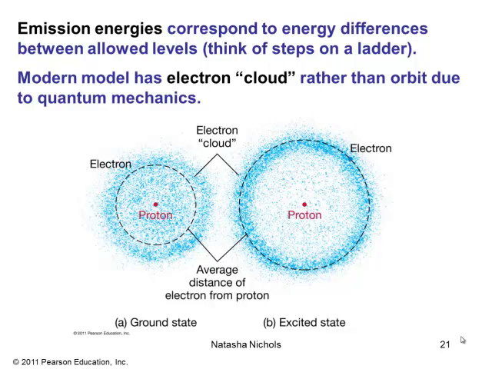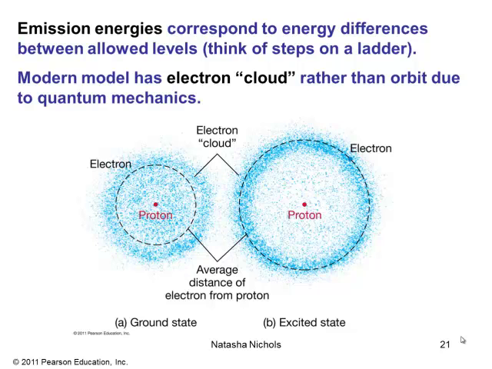So think of them like steps on a ladder. When you're climbing a ladder, you can only go between step 1 and step 2, step 2 or step 3. There are no steps between the rungs of a ladder, and it's the exact same way in terms of the allowed energy levels for an electron. So it has to jump through certain values of steps.